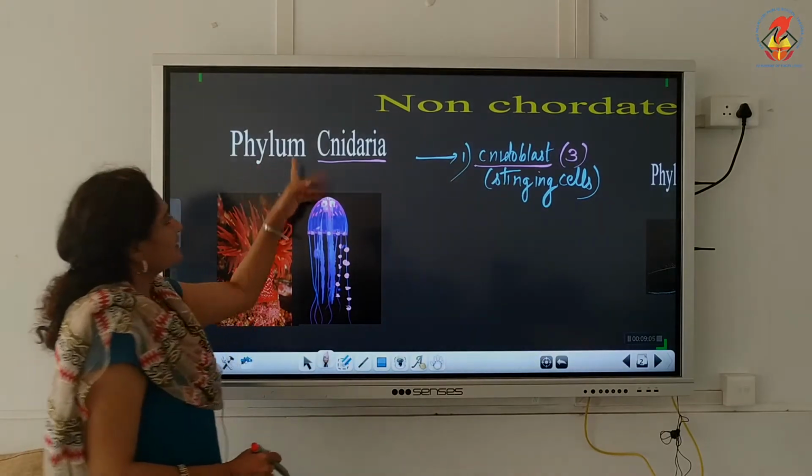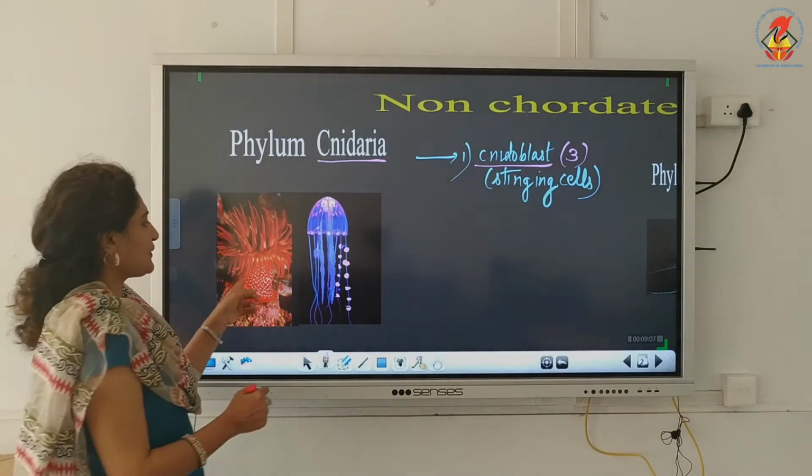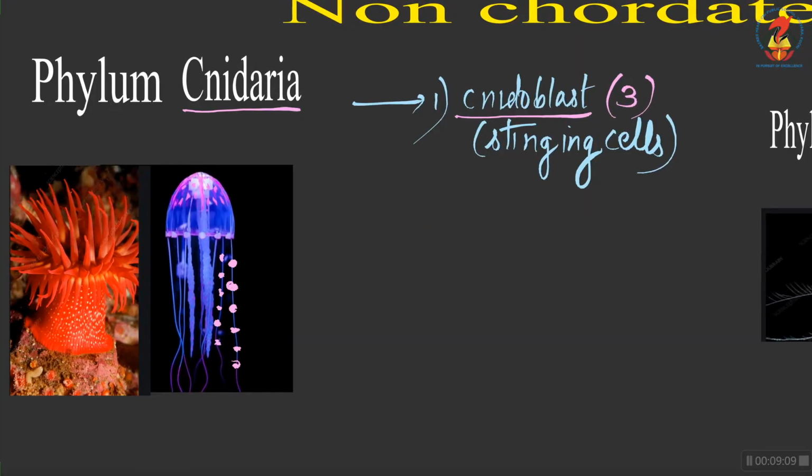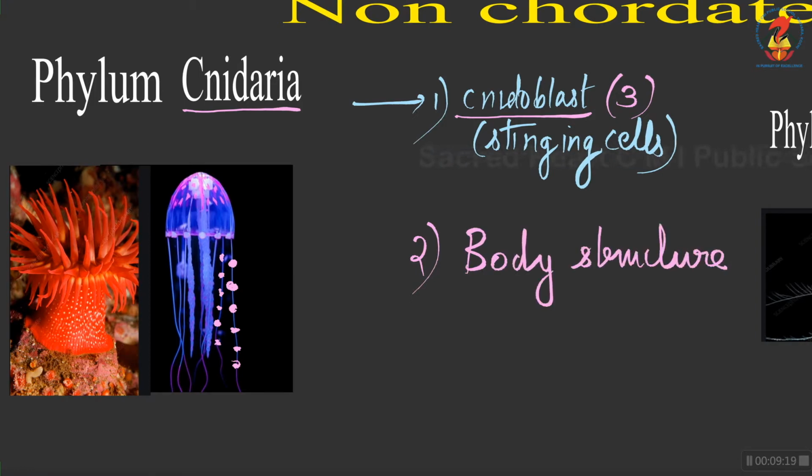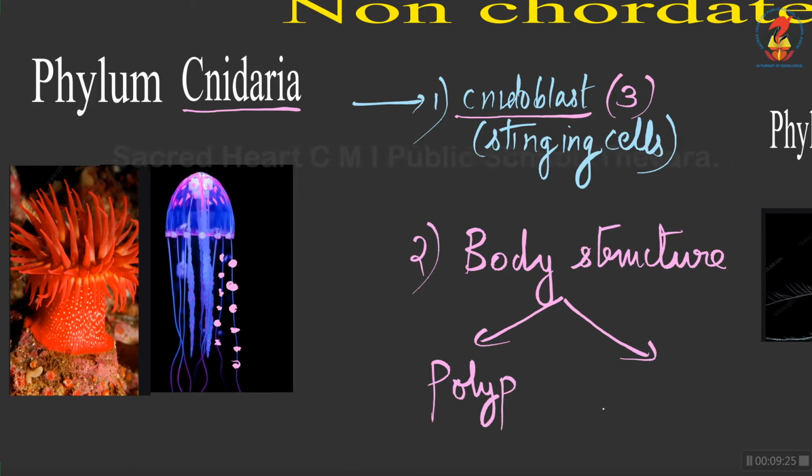Now cnidarians occur in 2 forms, that's why I have given 2 pictures. Now I am going to describe the body structure. They occur in 2 forms, and the 2 forms are called polyp, and the second form is called medusa.